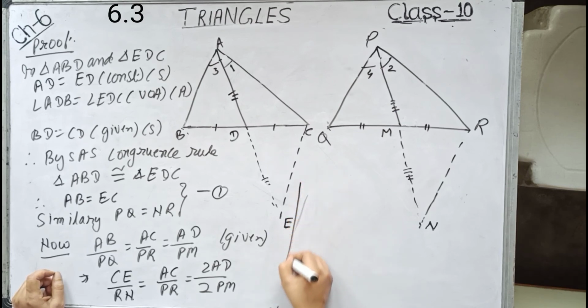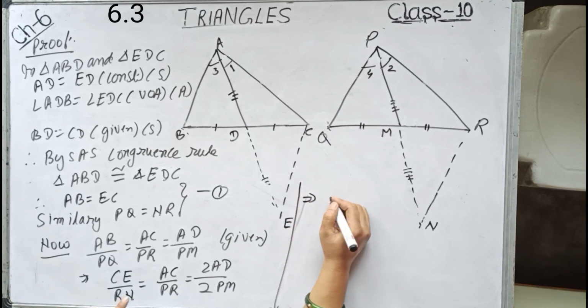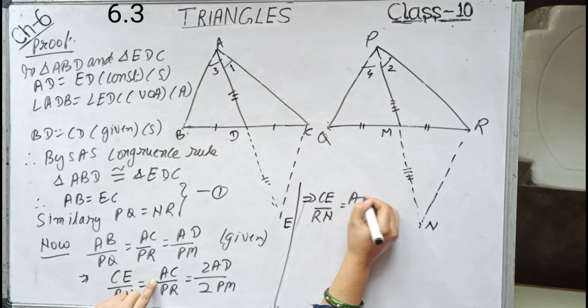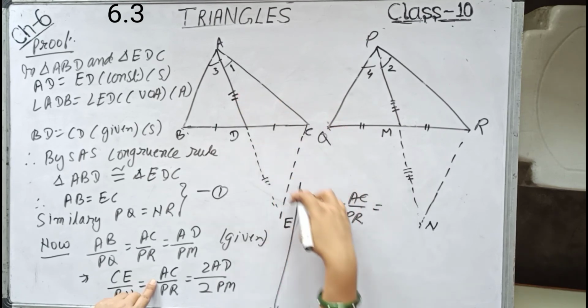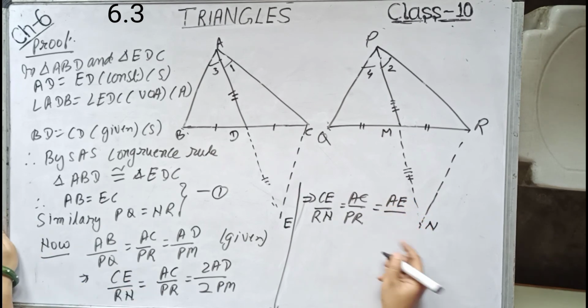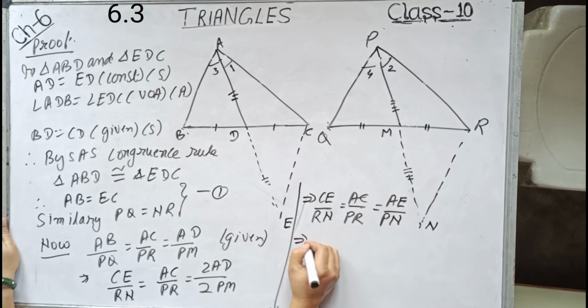Okay. Now this implies CE by RN equals AC by PR equals AE by PN.